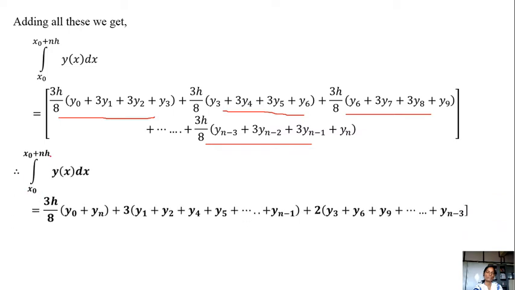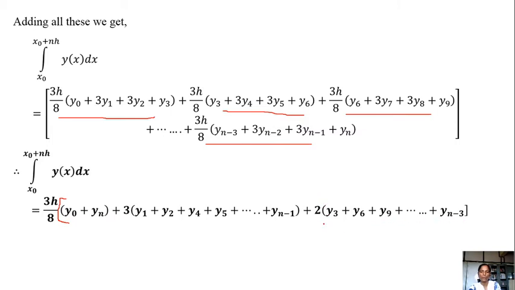So the integral from x0 to x0 plus nh of y dx equals 3h by 8 outside of the bracket, and one more square bracket is there, and in the bracket you will get y0 plus yn plus 3 times y1 plus y2 plus y4 plus y5 etc. So in this, y1 and y2 are there, y3 is not there, y4 and y5 again, y6 is not there, and plus you will get y3 plus y6 plus y9 plus etc. up to yn minus 3.